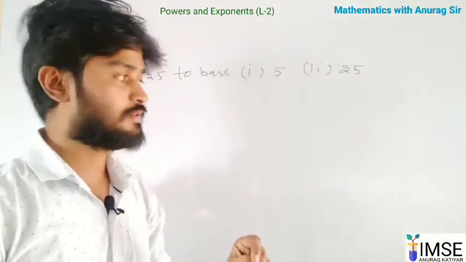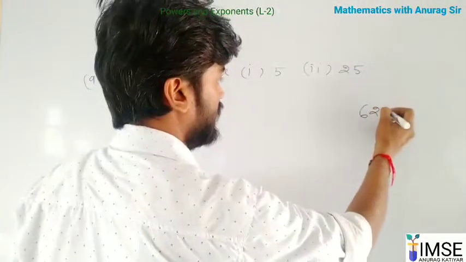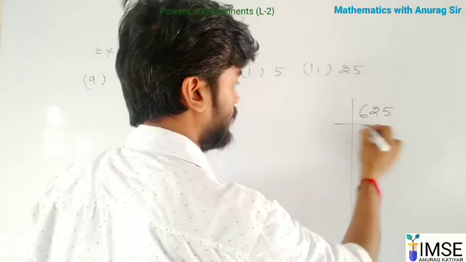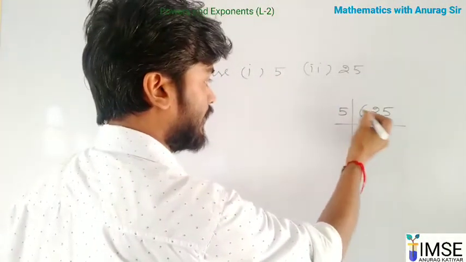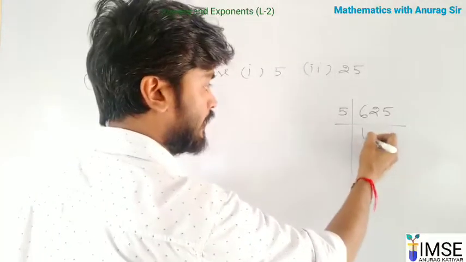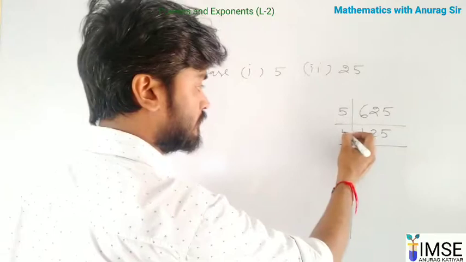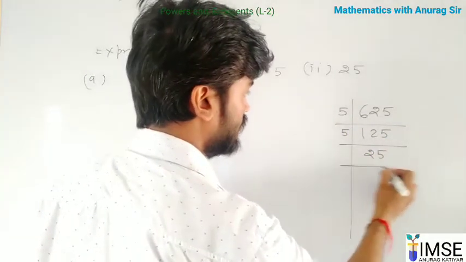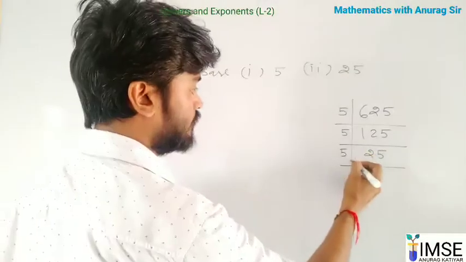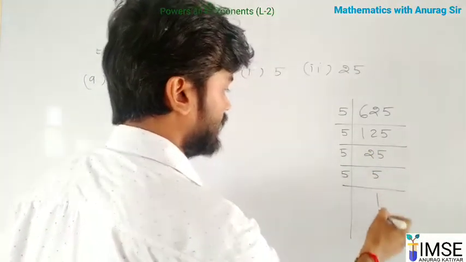So the basic rule applies here. You just factorize 625 in base 5 form. Firstly we divide 625 by 5, we have 125. Now we apply another 5, divide 125 by 5, you have 25. So you apply another 5 here, 5 fives are 25, and the last one is 5 ones are 5.